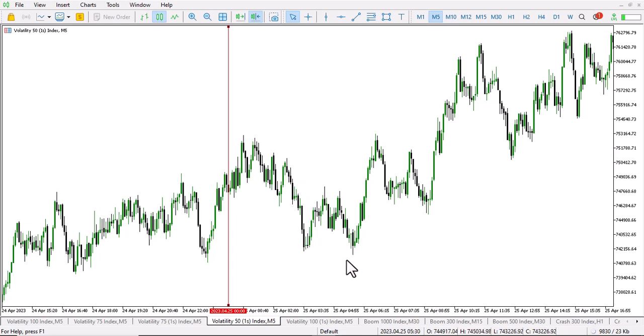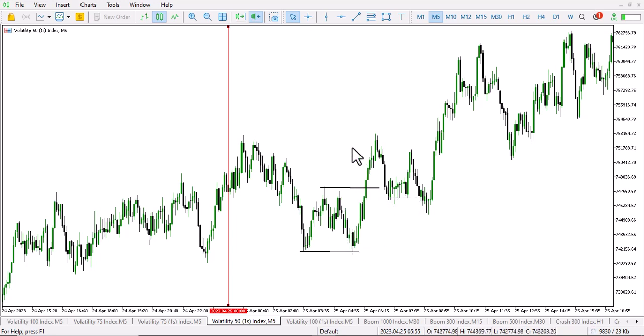So from what you are seeing here, price did show us after the break of this high. So this is what you are looking for. So we would have been looking at this high, right, and this high as our signals or as our indicators of what price is going to do next.